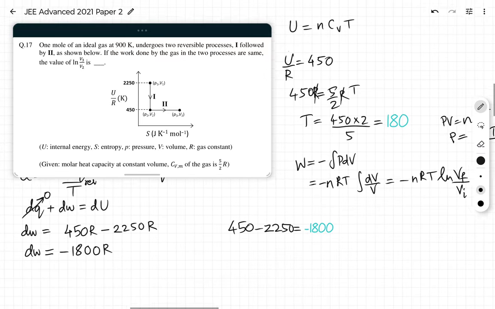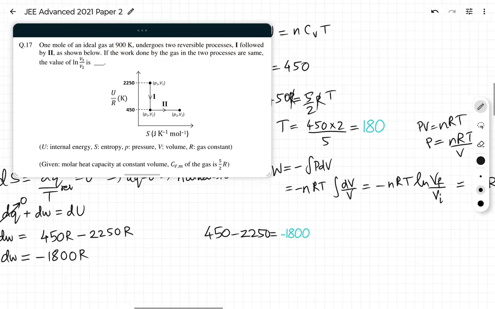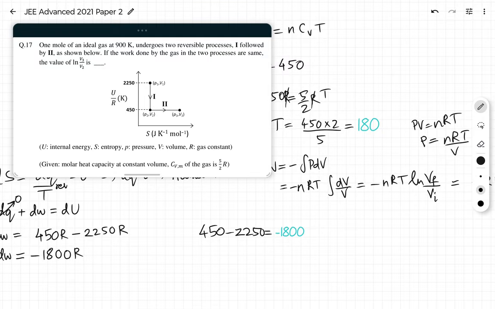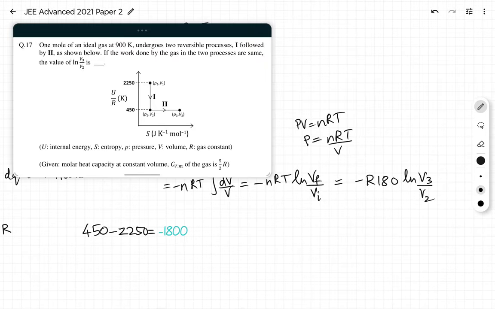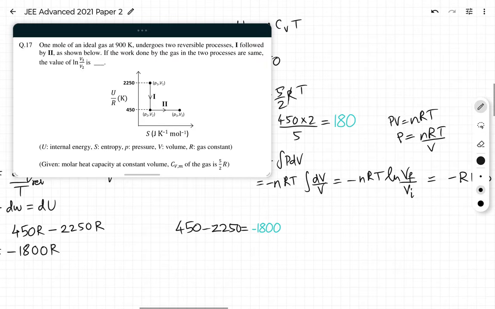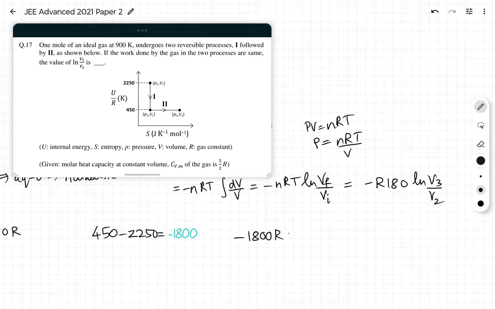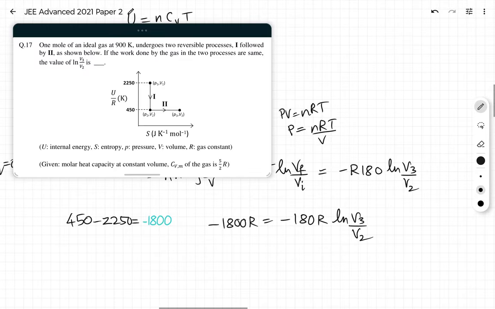This is equal to the work done in the first process, which is minus 1800 R. So minus 1800 R is equal to minus 180 R ln V3 by V2, and we get 1800 by 180, which is 10. So ln V3 by V2 is 10.